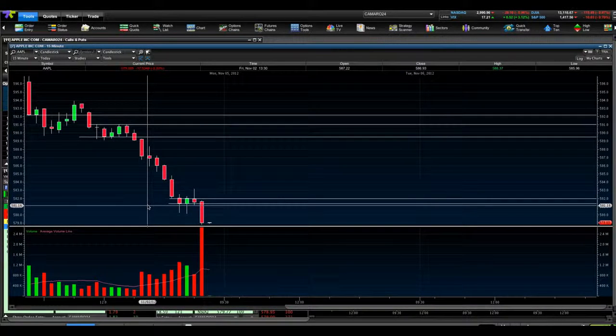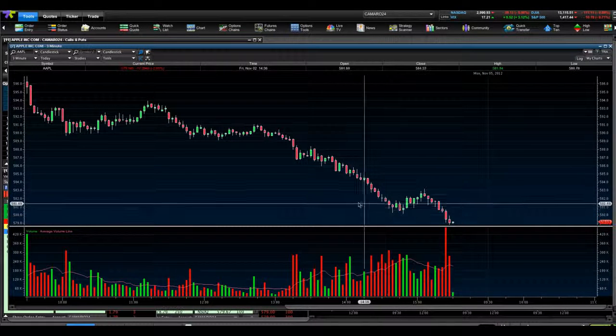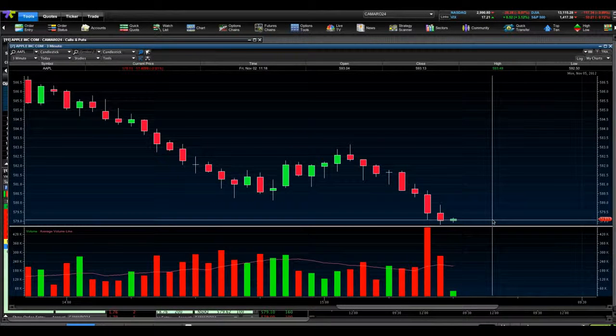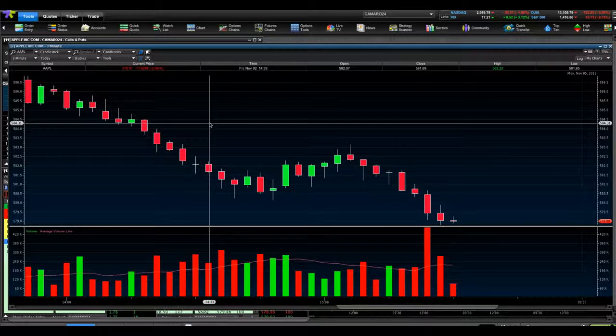But let's take a look at a 3-minute candle. Now we're going to talk about a bottoming tail and a topping tail. Okay? So first, a bottoming tail is something that you can find again on any type of time frame.